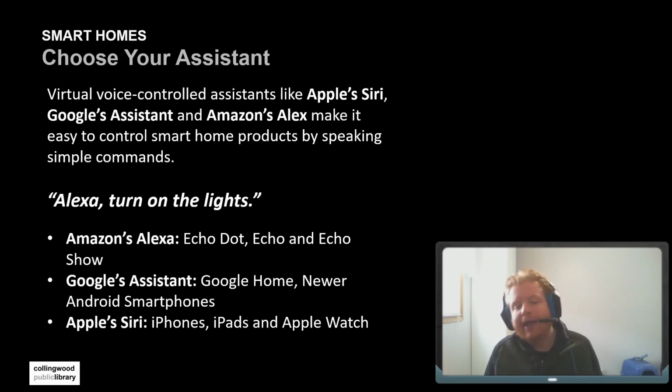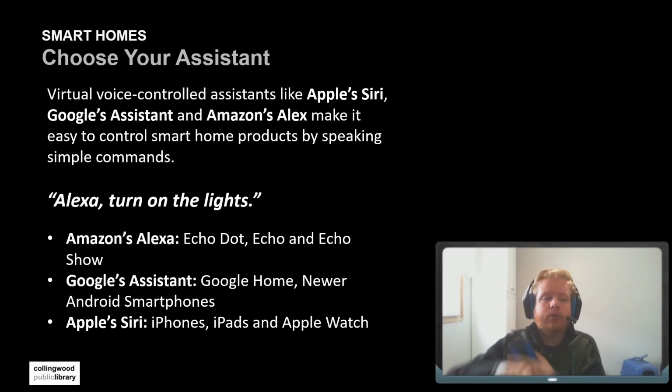If you have a Google or Android phone, you'll be using Google Assistant. So when I say, hey Google, it's going to respond to that. If I already have an iPhone, an iPad, even an Apple Watch, I'd be using Siri. So if I already have these devices in play, these are the assistants that I'll be primarily focusing on.